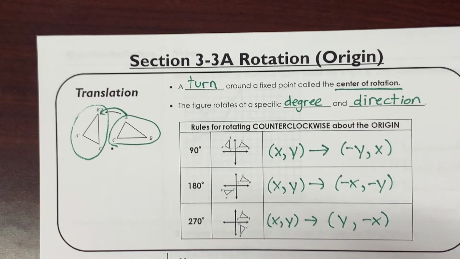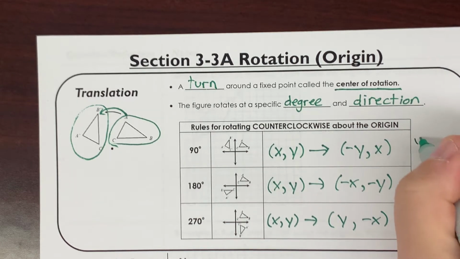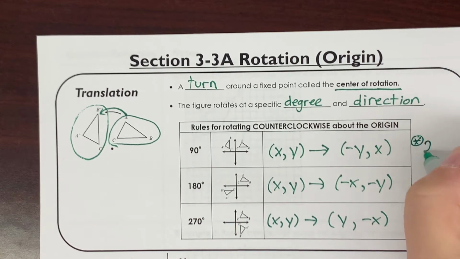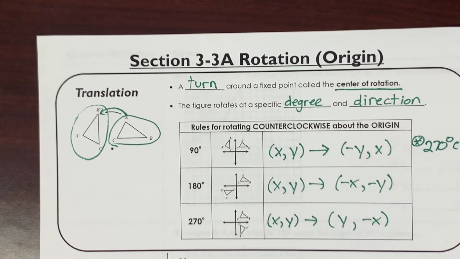90 degrees counterclockwise would also be if we went 270 degrees clockwise. So if we went the other direction around the turn. 180 would be itself, whether we go clockwise or counterclockwise, wouldn't matter. But 270 counterclockwise would also be 90 degrees clockwise.